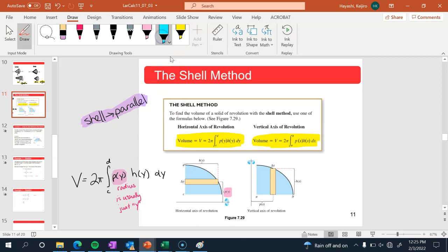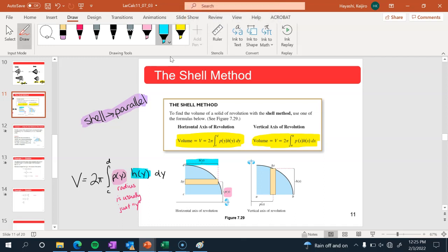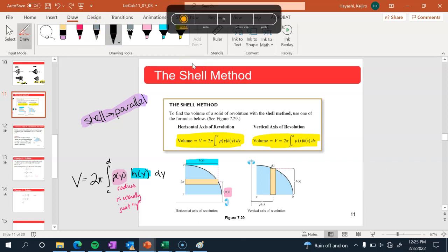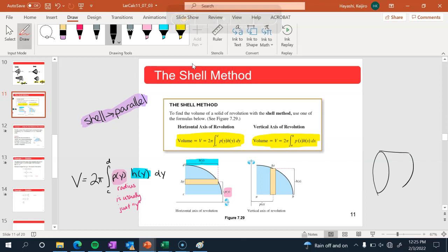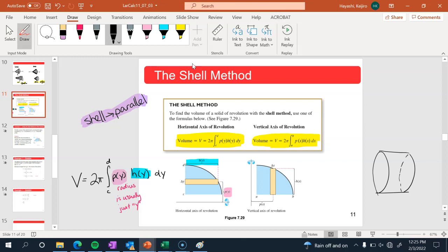Now, this curve, this h of y, describes the height of the cylindrical shell. So essentially, we're making a cylindrical shell.